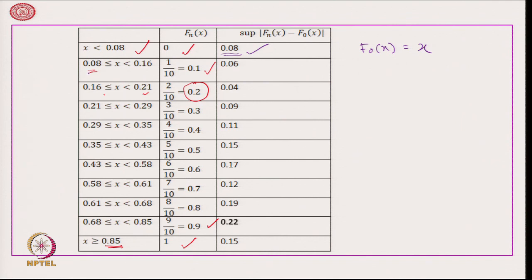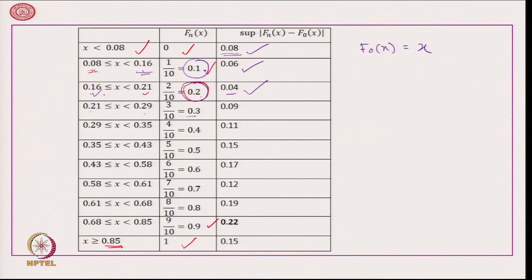Similarly, for 0.08 to 0.16, Fn(x) is 0.1, therefore the supremum is the difference between 0.1 and 0.16, that is 0.06. For 0.16 to 0.21, Fn(x) is 0.2, therefore the maximum difference is between 0.16 and 0.2, that is 0.04.